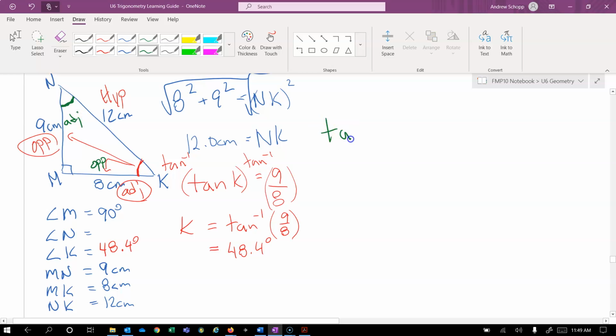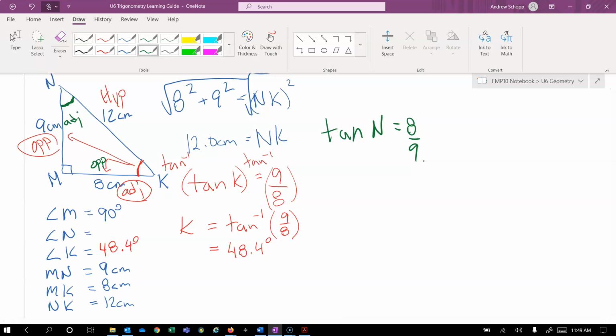So we could say the tangent of angle N is equal to the opposite, which is 8 over 9. And we can solve this for angle N.